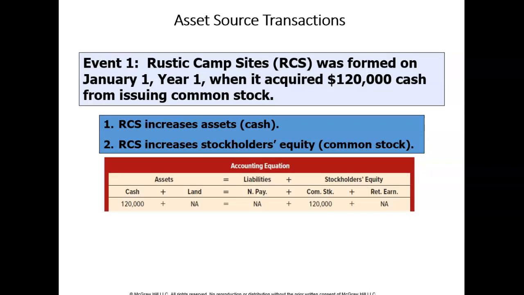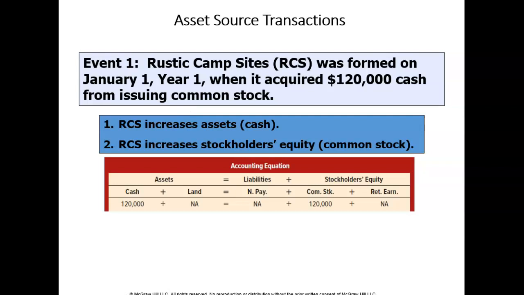So now we're going to practice because accounting is an action verb. The way to learn about accounting is by going through and learning how to record different types of business transactions. Okay, first up, Rustic Campsite was formed on January 1st when it acquired $100,000 in cash from issuing common stock.